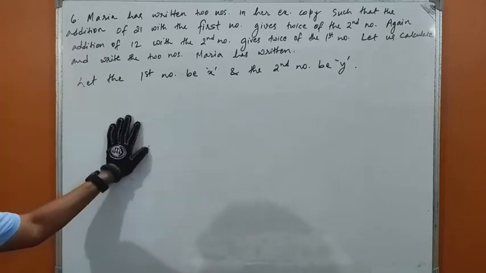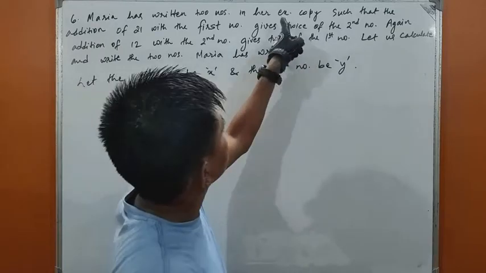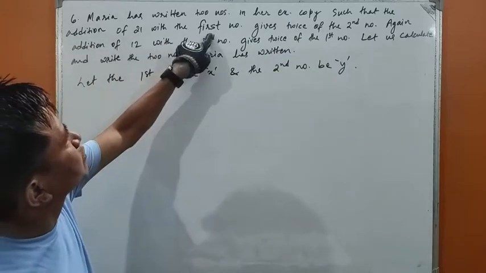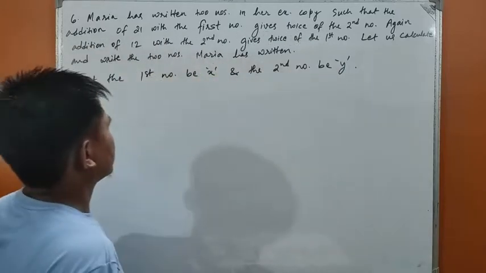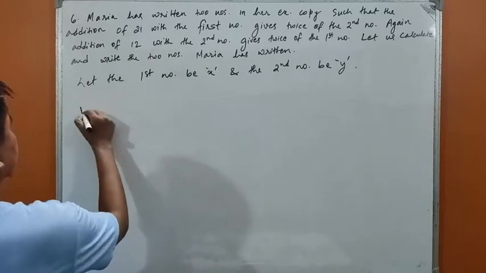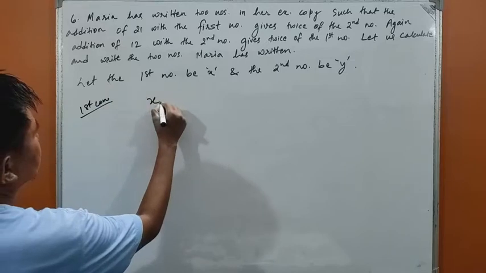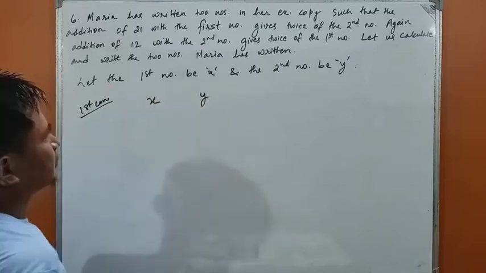Now, first condition is that the addition of 21 with the first number gives twice of the second number. This is the first condition. This is first number and this is second number, isn't it?